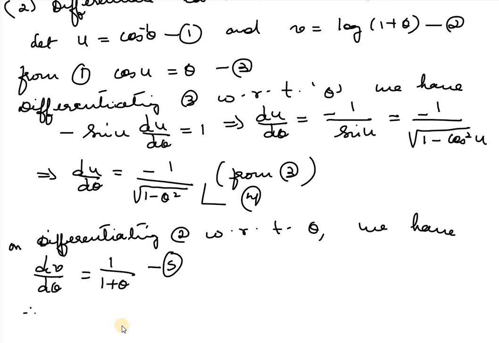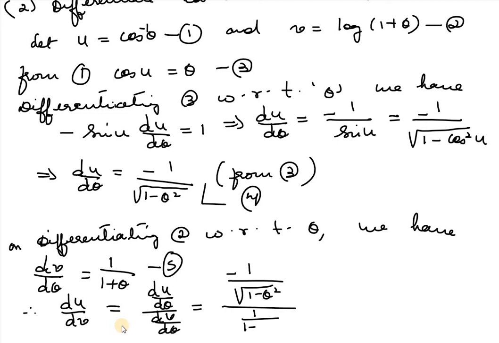Therefore, the differentiation of cos inverse of theta with respect to log of 1 plus theta will be given by du dv. But du dv can be written as du d theta upon dv d theta. Du d theta from equation 4 gives minus 1 by square root of 1 minus theta square, divided by 1 upon 1 plus theta. This 1 plus theta will come to the numerator, and the square root of 1 minus theta square will be in the denominator.